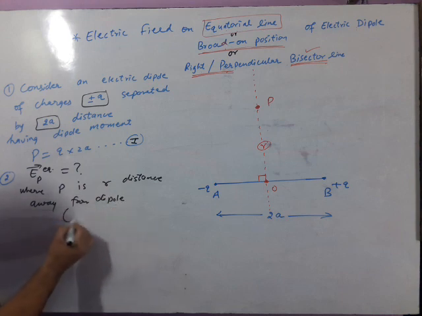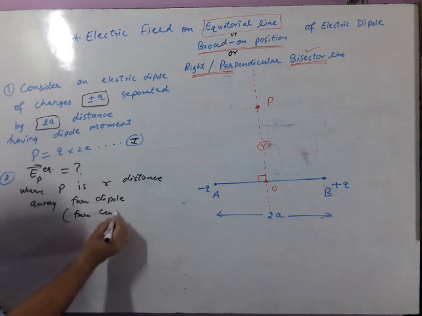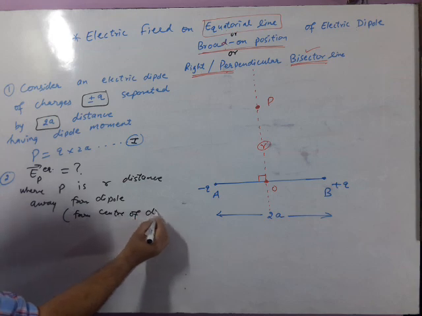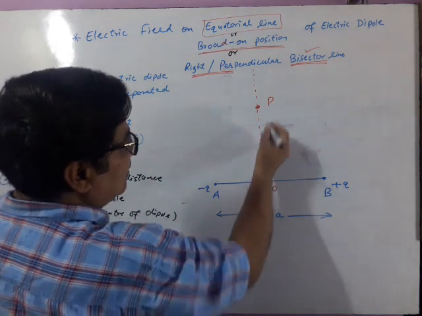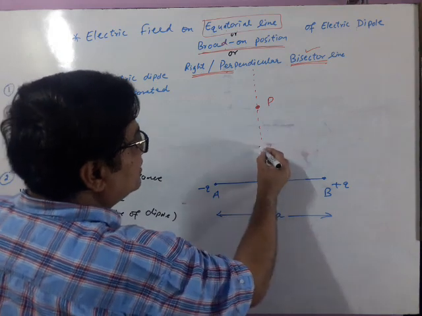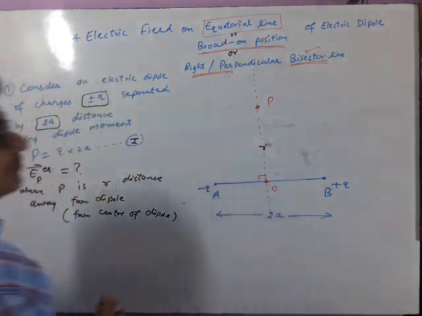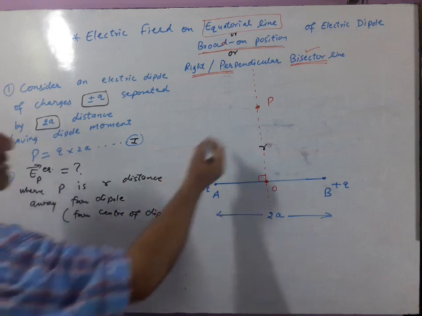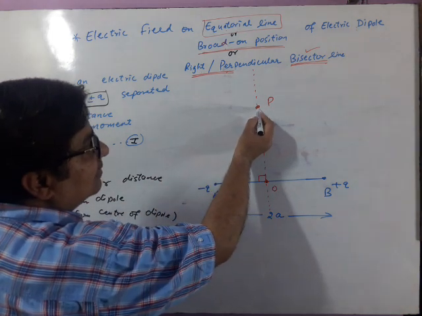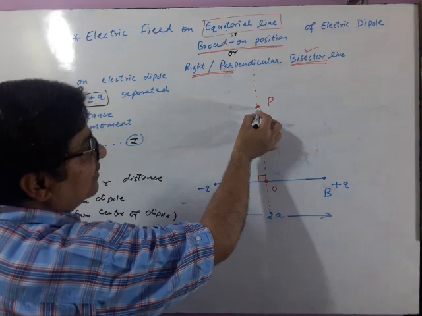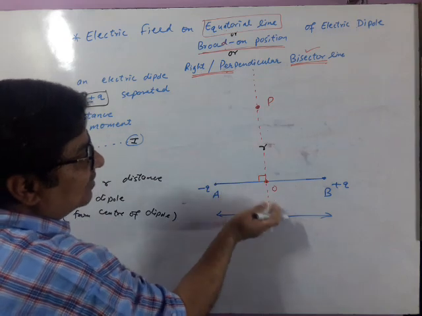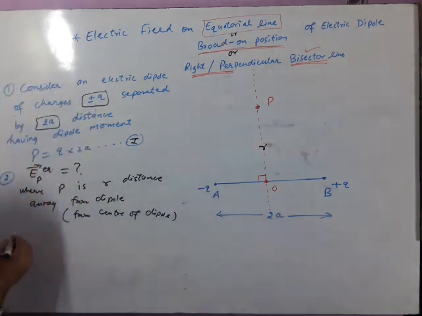You know, from dipole means from center of dipole. This distance r, O to P, is r from the center of the dipole. Now this is the point where we are finding resultant electric field intensity on the equatorial point of this dipole. Now we begin with that.